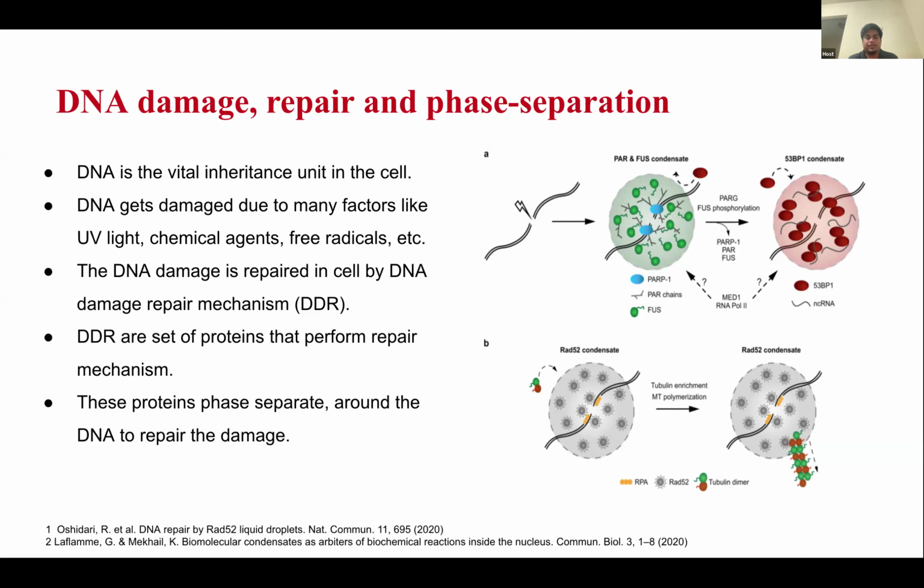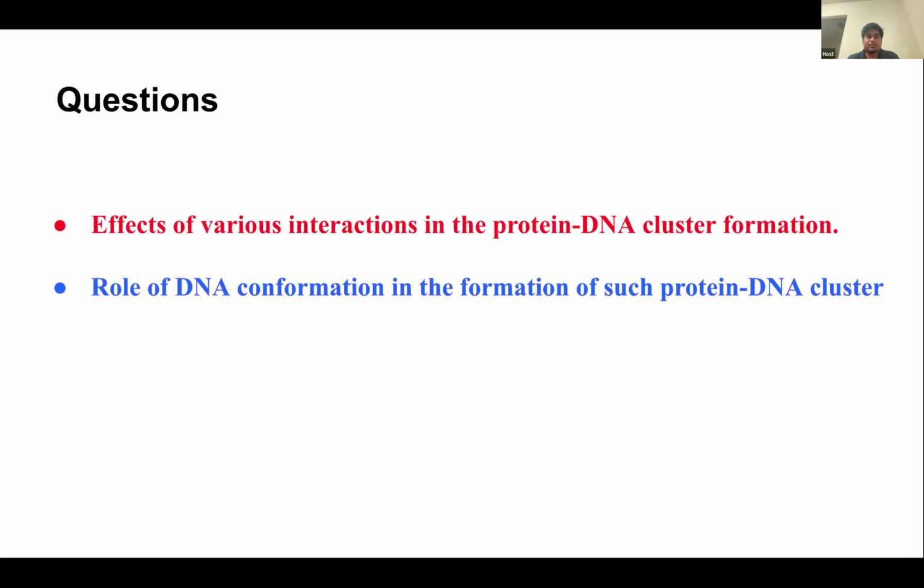They try to repair the DNA break or the damage in the DNA. So we wanted to study how the non-specific interaction from the previous study helps in DNA damage repair too. The main question was the effect of various interactions in protein DNA cluster formation and the role of DNA conformation in it.